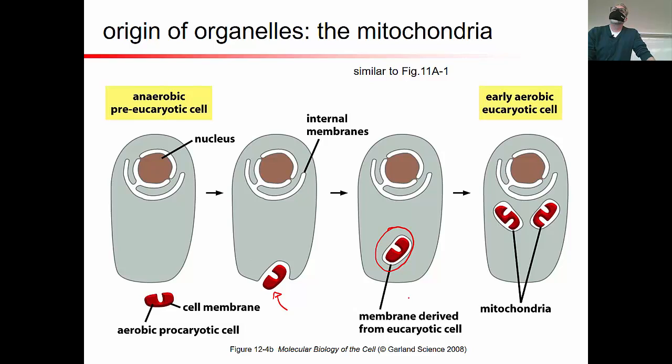the cytosol of the ancient eukaryote. And the bacterium is thought to be similar to one called Rickettsia prowazekii. Don't have to worry too much about the name, but that's actually a parasite that lives inside cells. And so it's possible that this started out as an infection where the bacterium entered into the cell, and lots of bacteria do this.